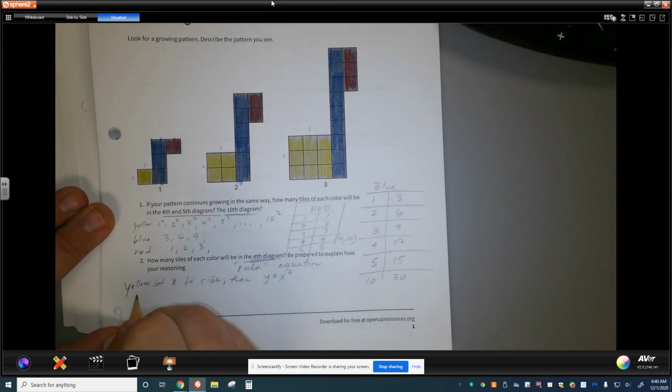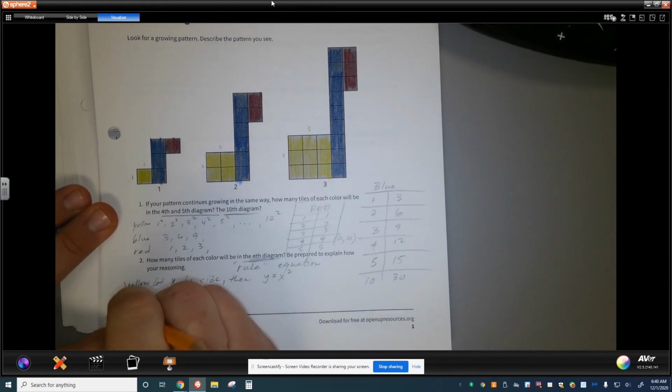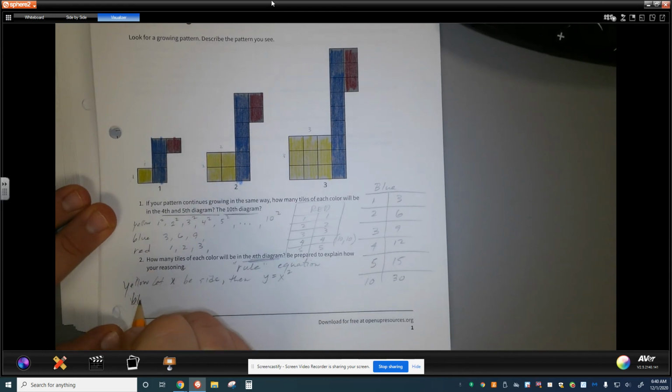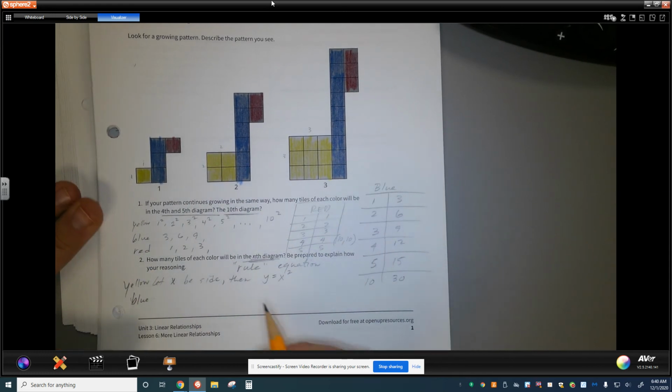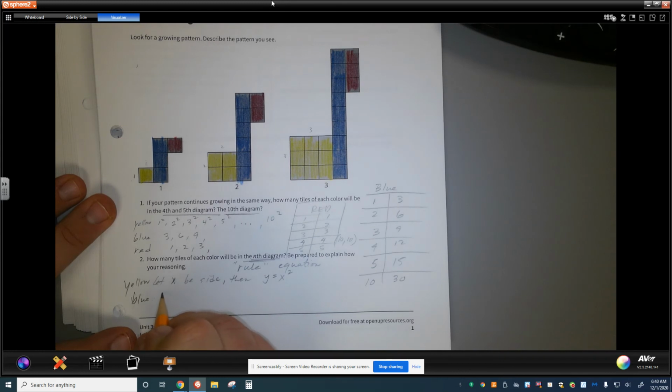Okay. If we're talking about the blue, y, we could say that x is the number of the term. Let x be the number of the diagram.